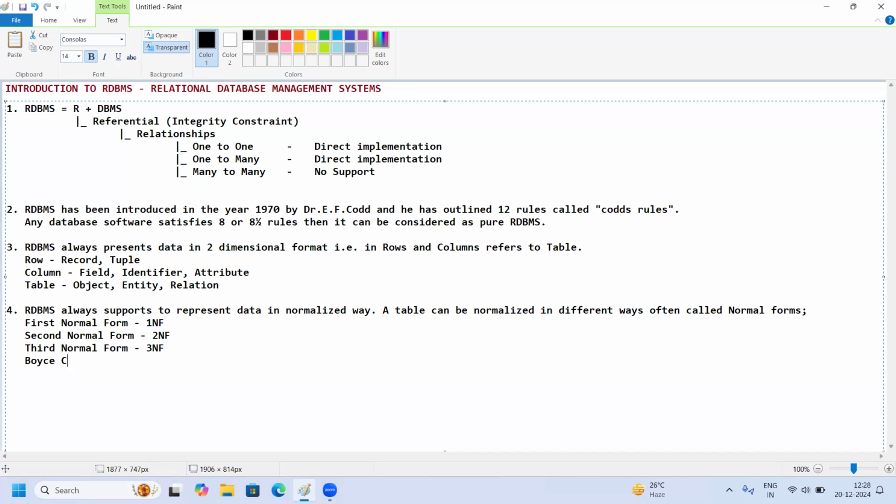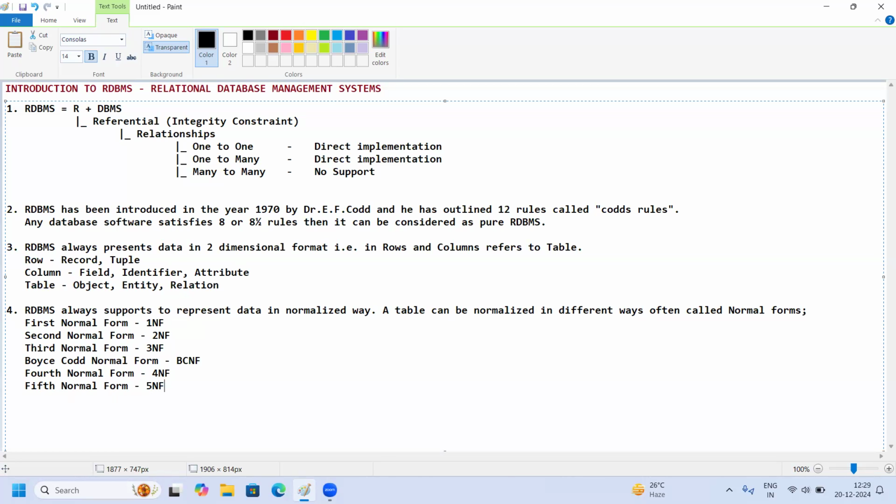Boyce-Codd normal form, BCNF. Fourth normal form, 4NF. Fifth normal form, 5NF.